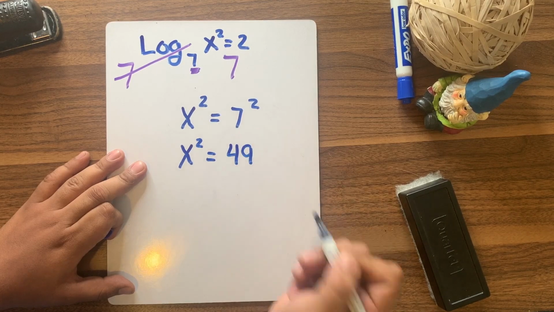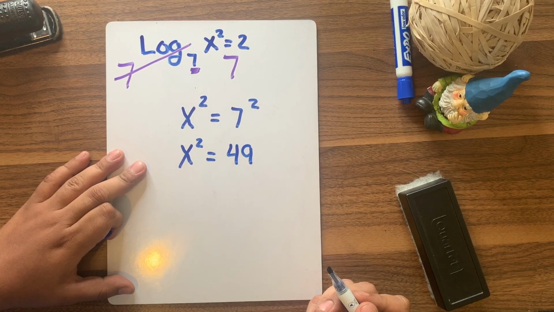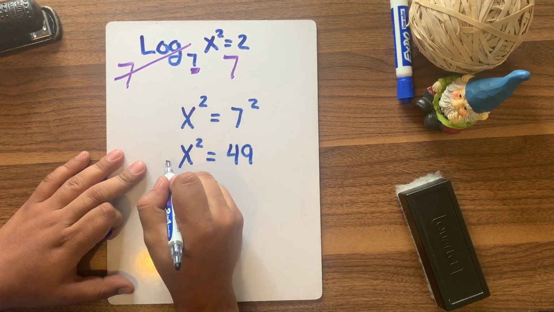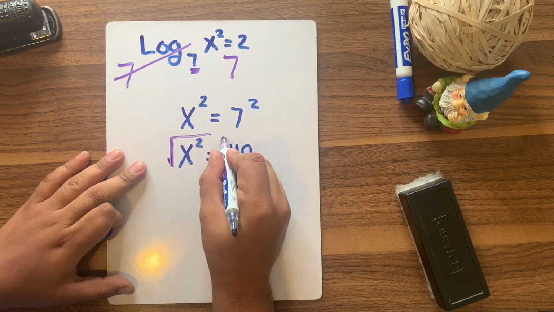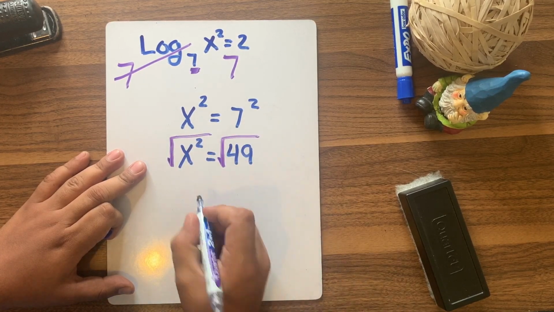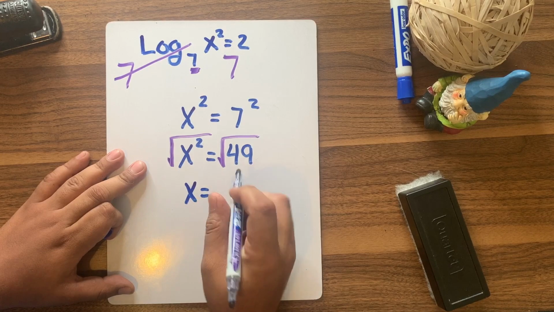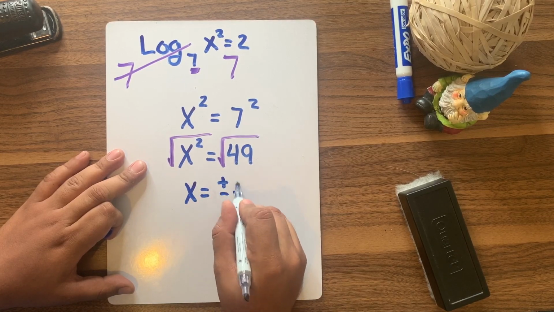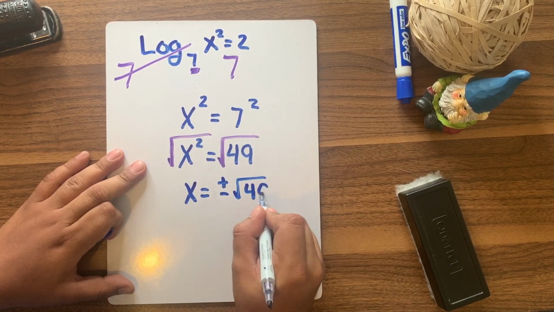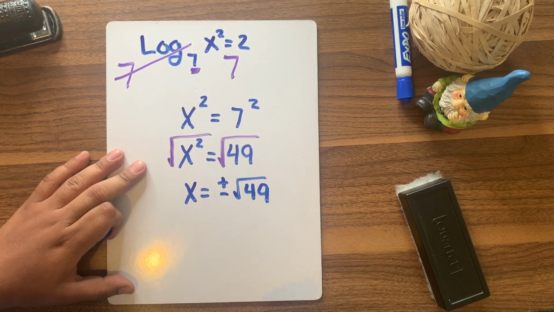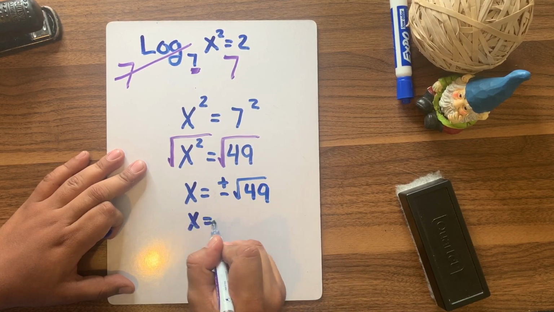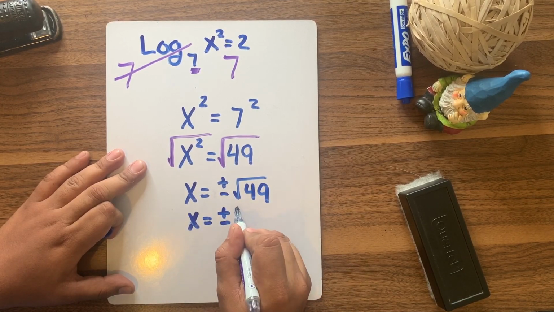So how do you get rid of the power of 2? We're going to do the opposite, which is the square root. This is the square root property when you square root both sides. The square root property says x is equal to plus or minus the square root of 49. And in this case, the square root of 49 is 7, so the final answer is plus or minus 7.